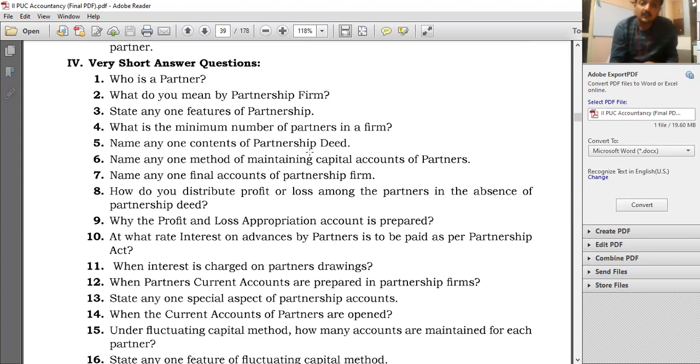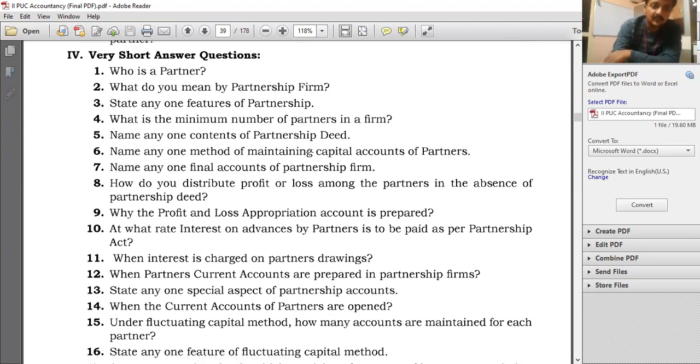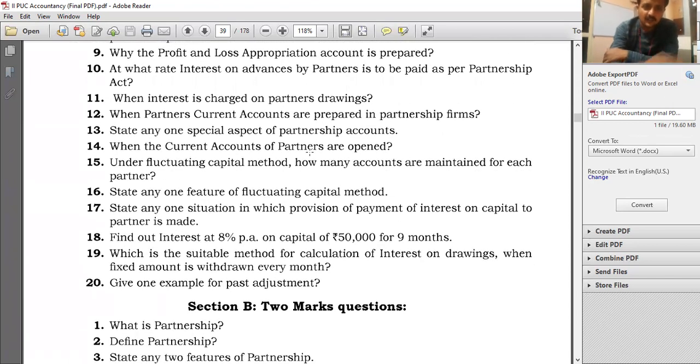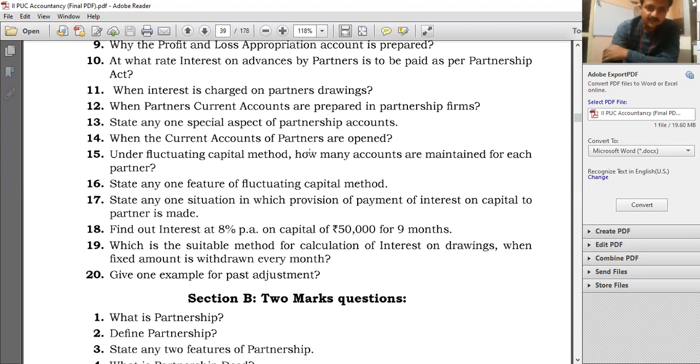Then why is the profit and loss appropriation account prepared? To show how the profits are being appropriated among the partners. Then the interest question, leave it, they will not ask. Then state any one special aspect of partnership account. Goodwill, profit sharing ratio. These all are the special aspects.